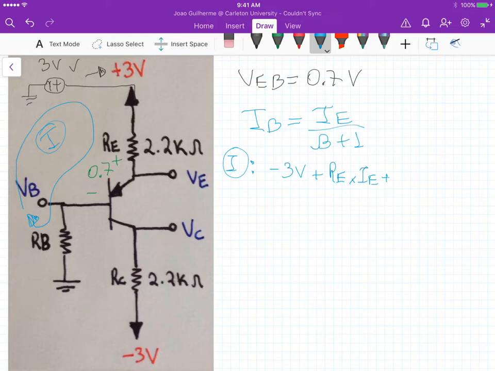And now we just need to cross the base here, which is a voltage drop of Rb times Ib, and that should equal 0, from Kirchhoff's law.